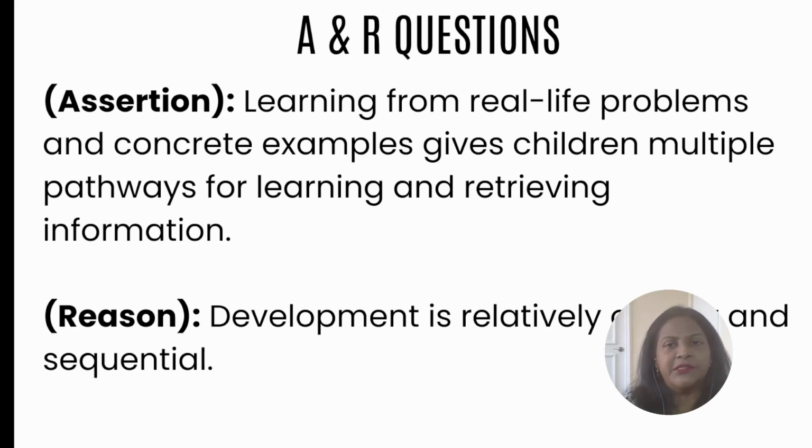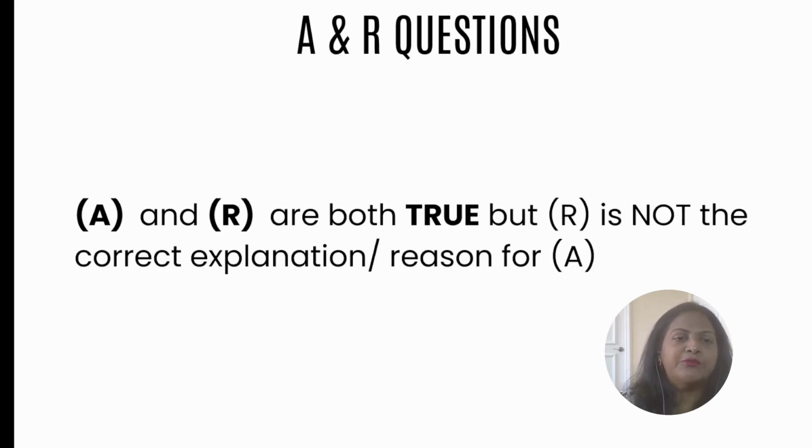We know that this is true. Yes, we do know from the principles of development that development is relatively orderly and sequential. But does R explain A? No, it doesn't, because they are two different things, learning from real life and development. Development and learning, in this question, are not related. So the answer would be A and R are true, but R is not the correct explanation or reason for A.